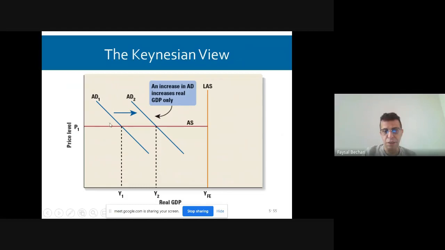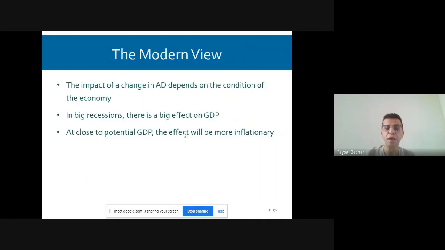In the Keynesian theory, an increase in aggregate demand increases the real GDP. As we said, the more aggregate demand, the more the GDP increases. The new classical view says that an increase in aggregate supply increases the real GDP, so they look at different things.